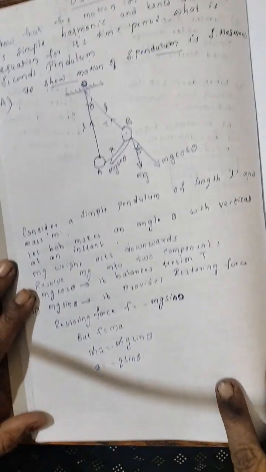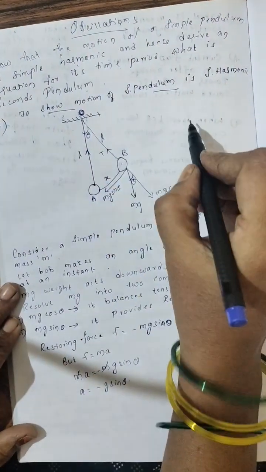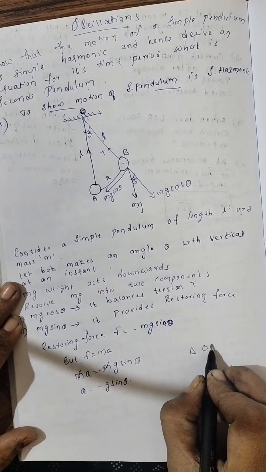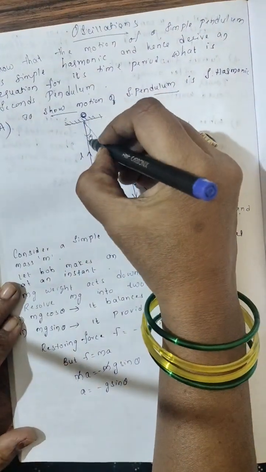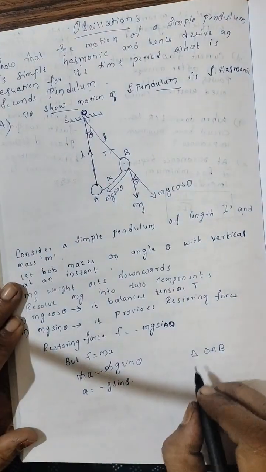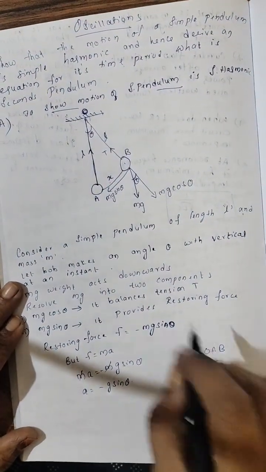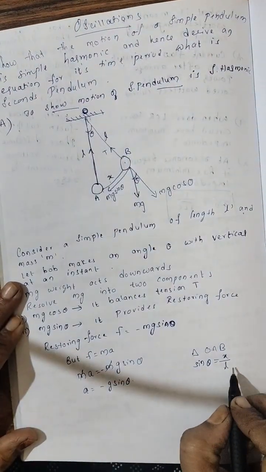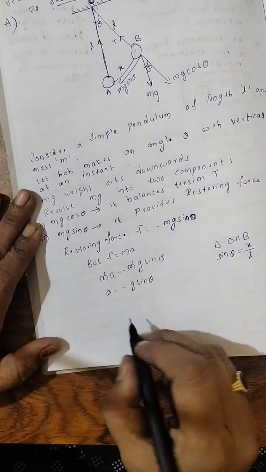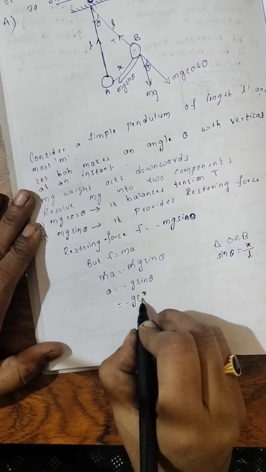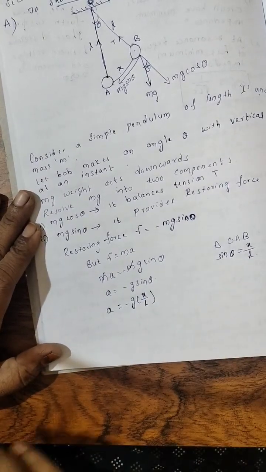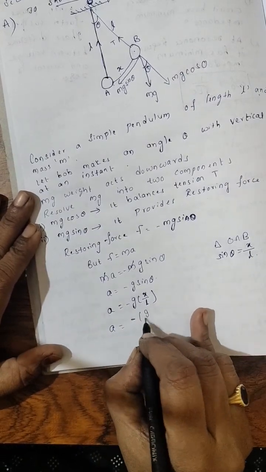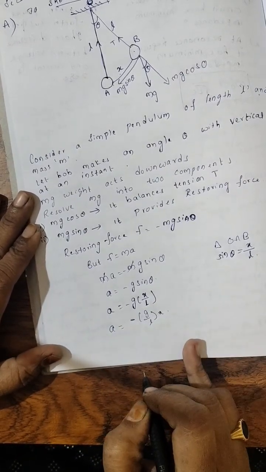Now from the figure, consider triangle OAB. From that, sin theta, what can we write? Opposite side x, hypotenuse L. So now substitute here: a equals minus g x by L. Or I am writing the same thing as minus of g by L into x.